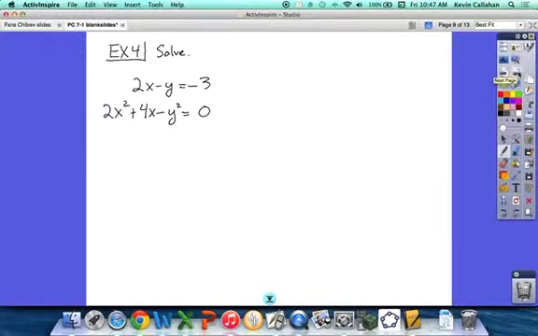Here's another one, just to show solving a nonlinear system. Which equation do you want to solve? The first one for y is probably the right choice. So this will be y equals 2x plus 3.